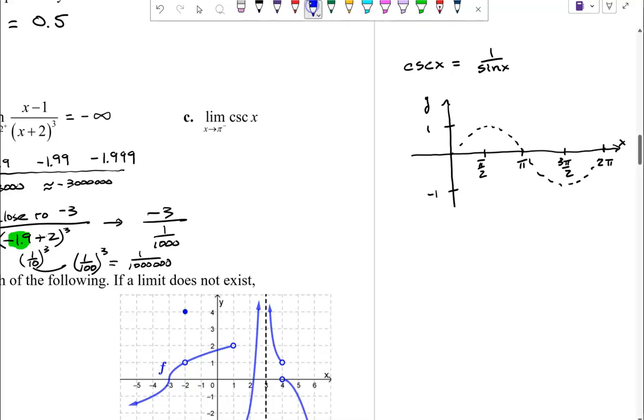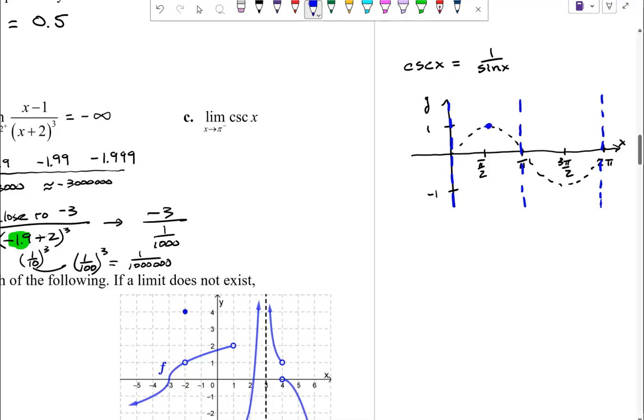And from the graph of sine x, we can generate the graph of cosecant, basically taking the reciprocals of every y value. When sine is 0, cosecant is undefined and we have vertical asymptotes.